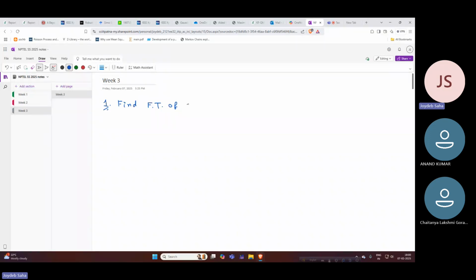Of x(t) is equal to e to the power minus at u(t). So this is our question. So the time domain signal is e to the power minus at u(t).